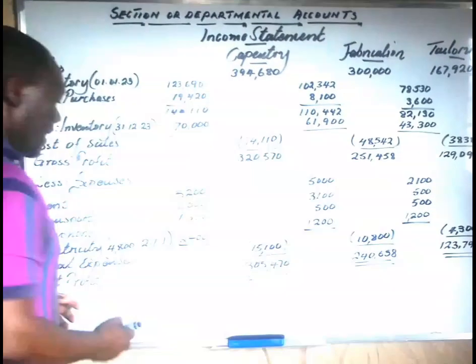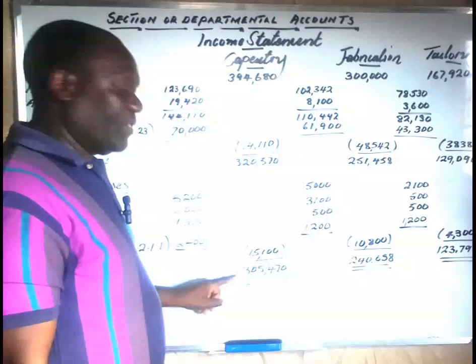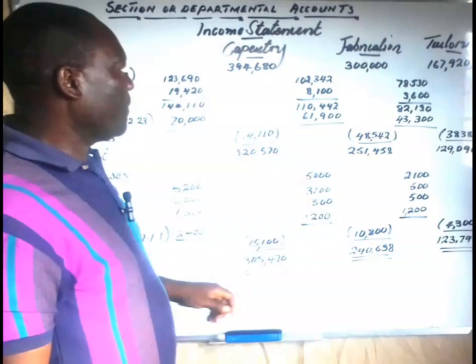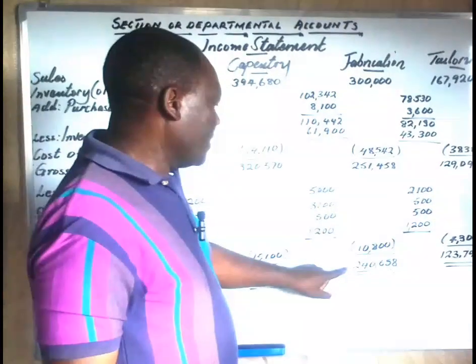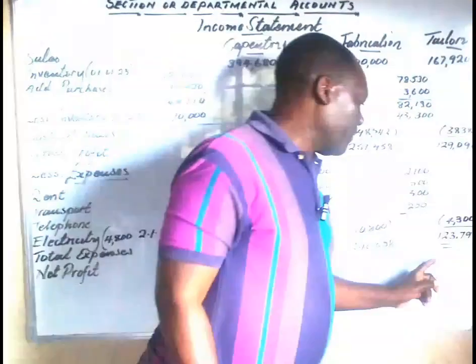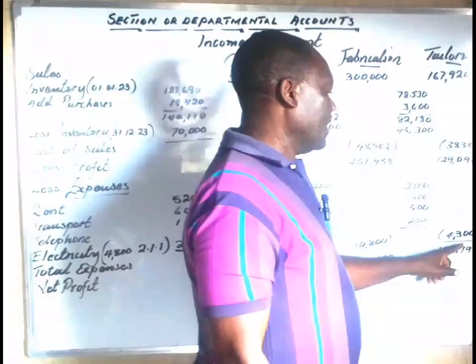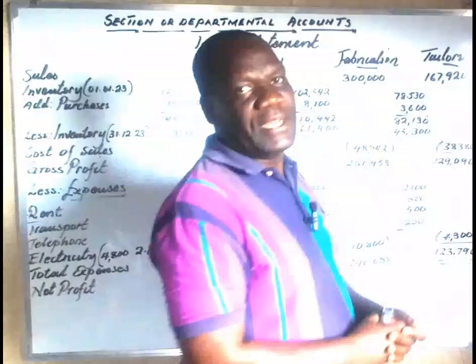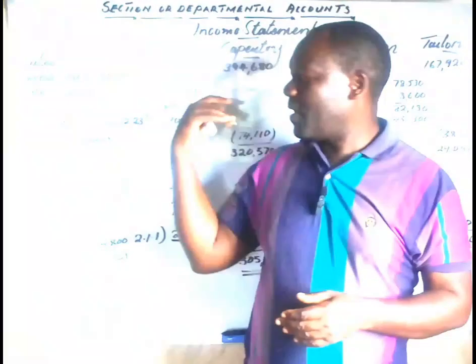So, the net profit for carpentry is 305,470. The net profit for metal fabrication is 240,658. The net profit for tailoring is 123,790.